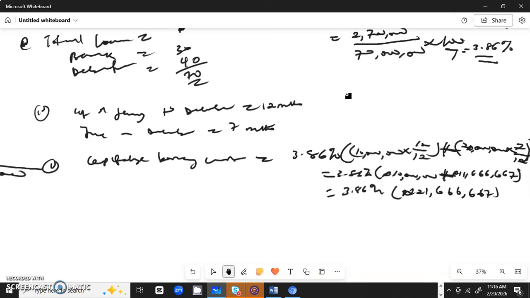So let's do the final calculation. So we have 3.86 divided by 100 multiplied by 21,666,667, okay, that'll give us 836,333.